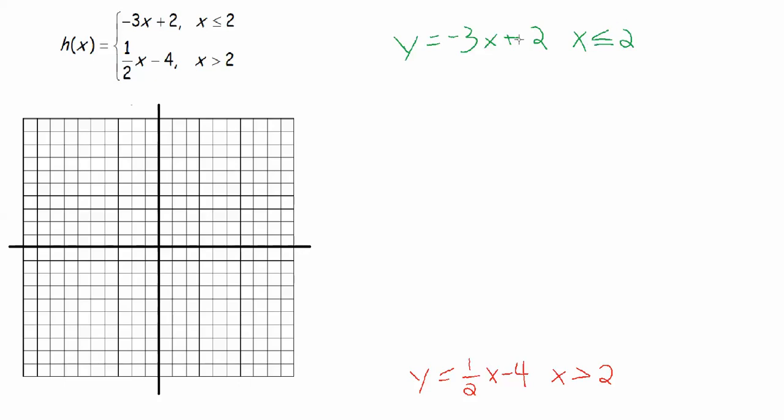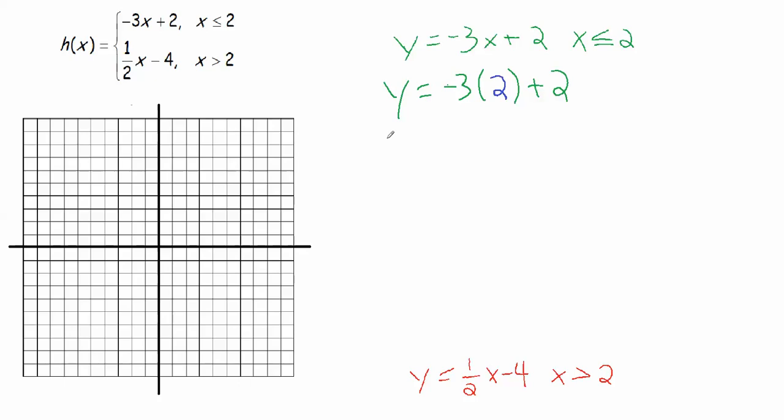Alright, so I'm going to figure out the point. So we know that x equals 2, right? We just need to figure out where on x equals 2 we need to plot that point. So what is our y going to be when x equals 2? So I'm going to start this off by rewriting it. y equals -3, and then I'm going to have parentheses open there and go back and plug in my 2.